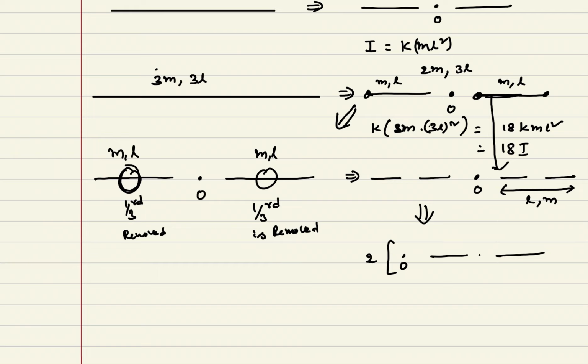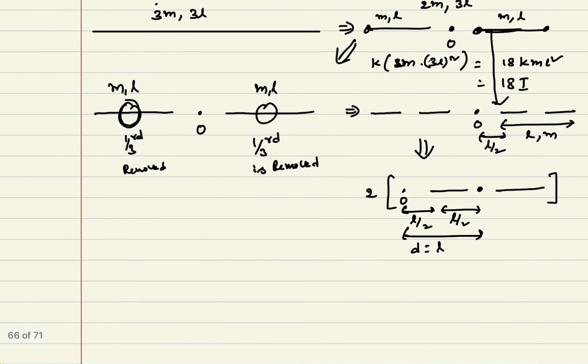Now you can see from this line, this gap is l by 2, here also l by 2, this is also l by 2. The total distance is d equal to l only.